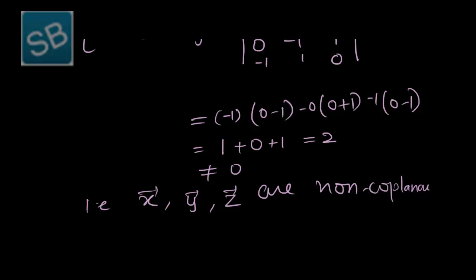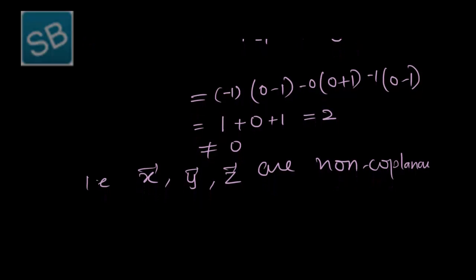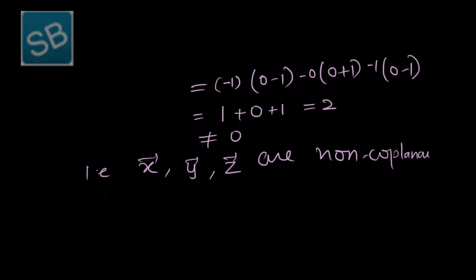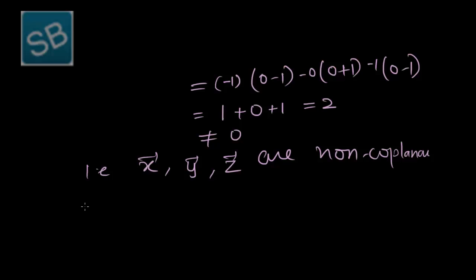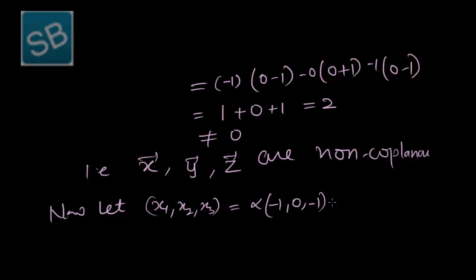Now we have to express vector x in the form of alpha, beta, gamma. So let vector x with components x1, x2, x3 be written as alpha times -1, 0, -1, plus beta times 0, -1, 1, plus gamma times -1, 1, 0.